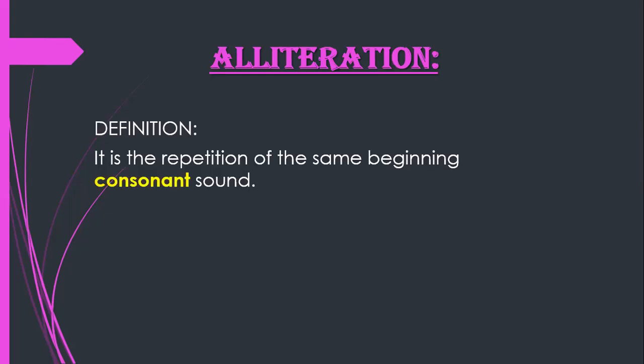Alliteration. When we talk about alliteration, it is a repetition of the same beginning consonant sound. Our focus is on the repetition and the beginning of the consonant sound within a sentence, within a line.